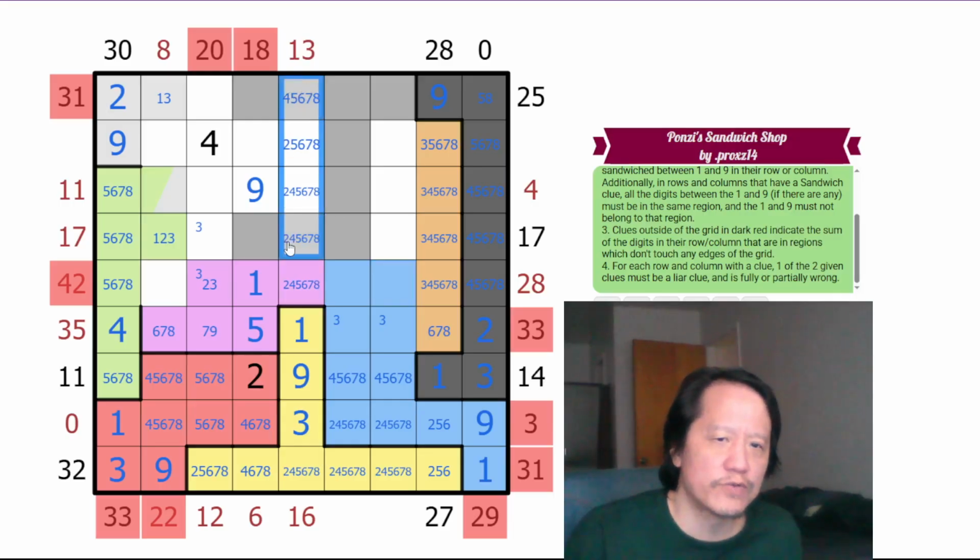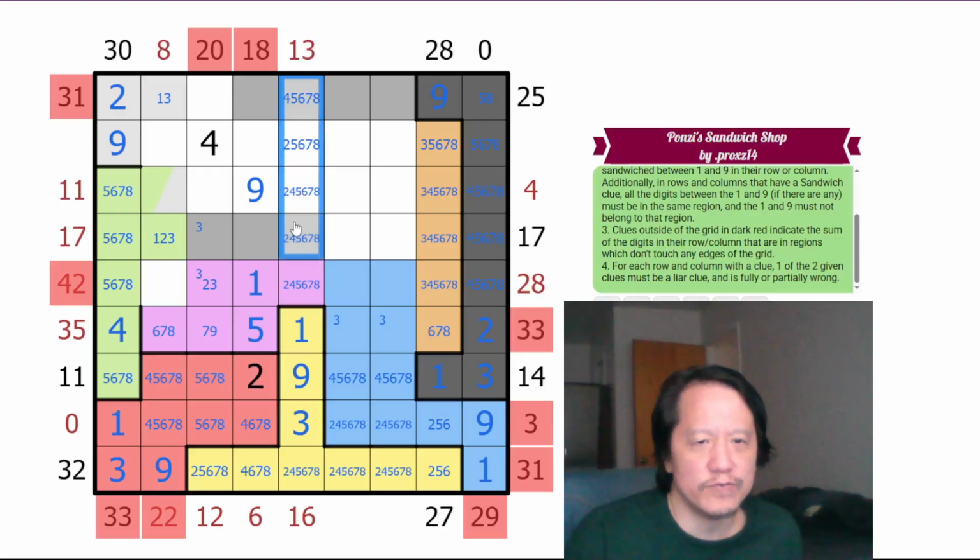That's just not going to work for this portion here. What about if we... It still doesn't work because there's too many cells that are part of regions that touch the edge of the grid.